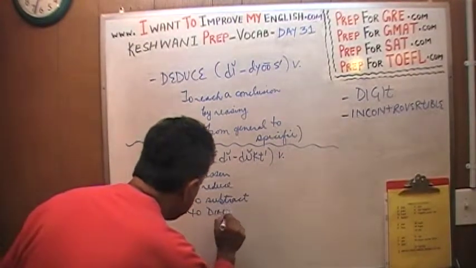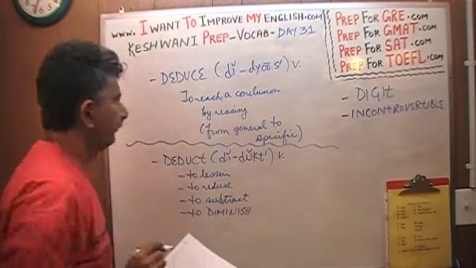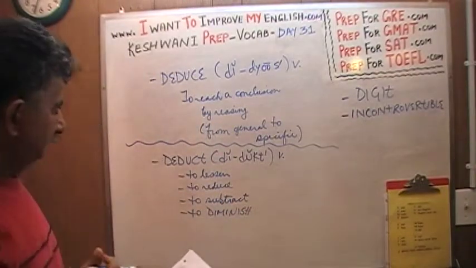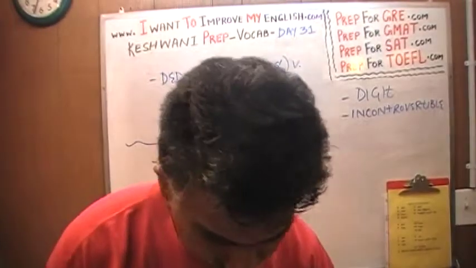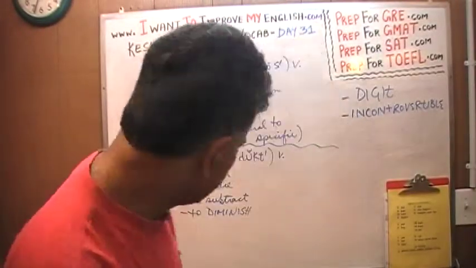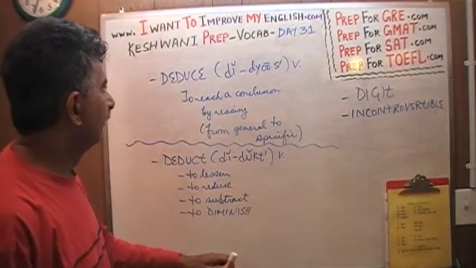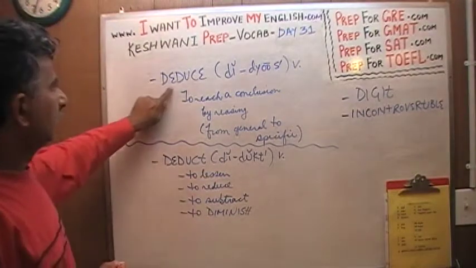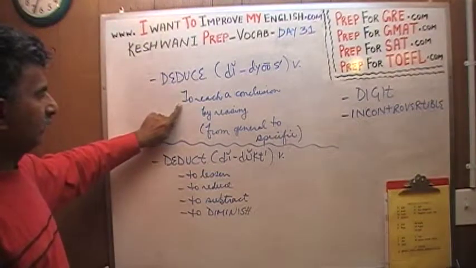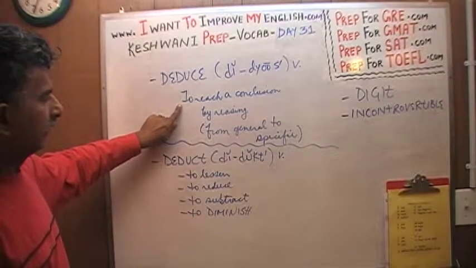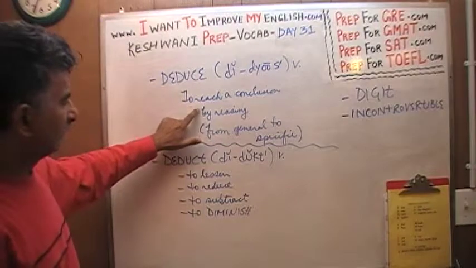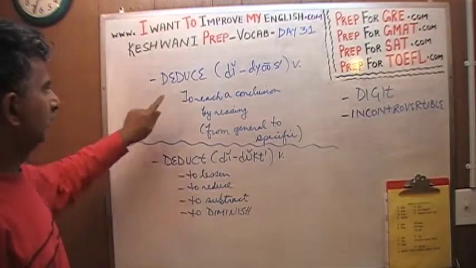to diminish, and so forth. Now, why am I covering these two words together? Because, as I told you before, I have a flair for the dramatic. Deduce is the verb which means to arrive at a logical conclusion, to arrive at a statement through reasoning, from general to specific.